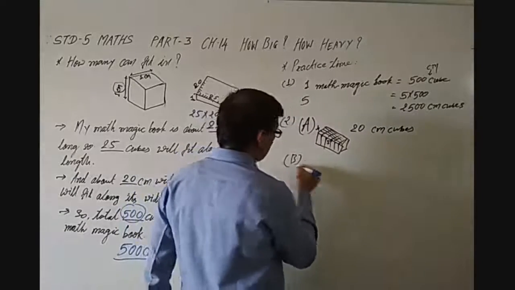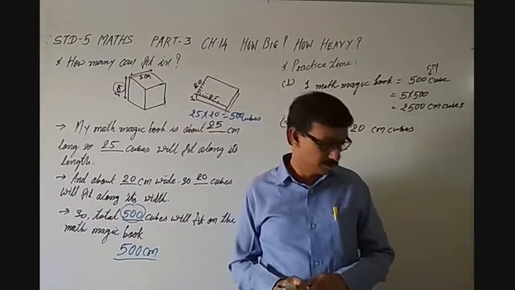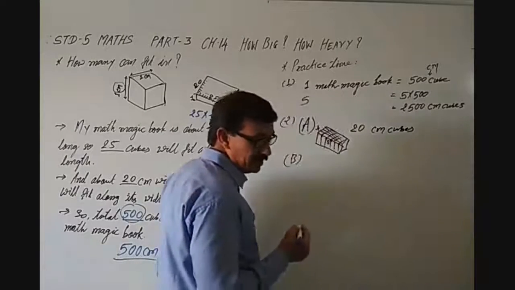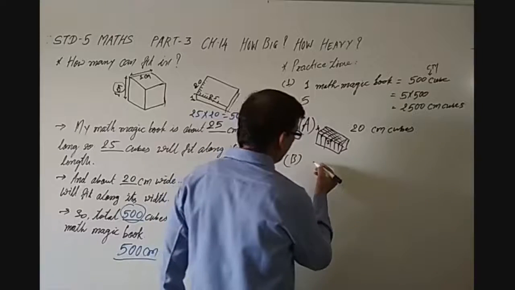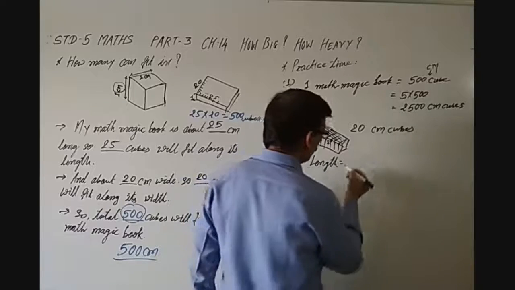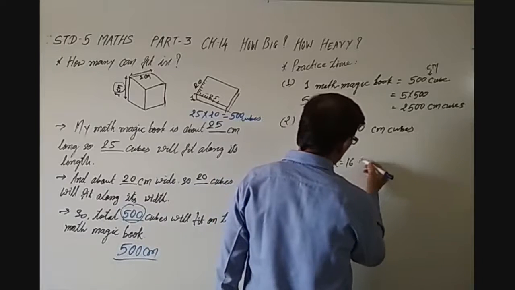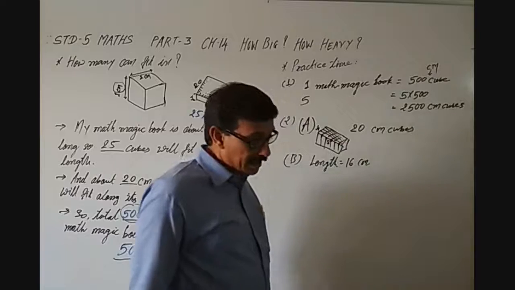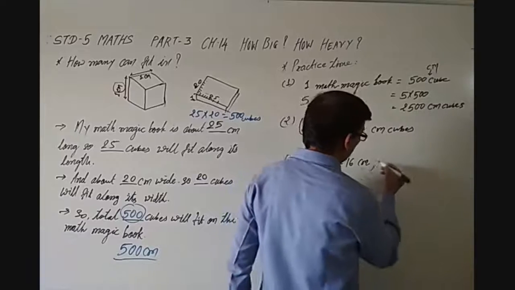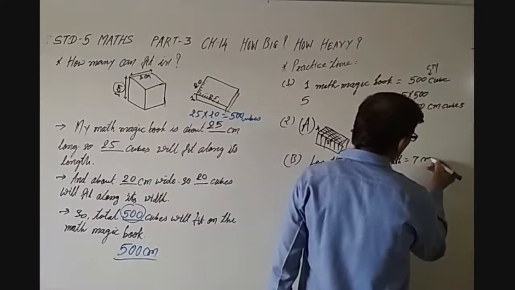Now B, a geometry box. Suppose a geometry box is about blank centimeter cubes. Suppose the length of the geometry box is 16, and the width or breadth is 7 centimeter.